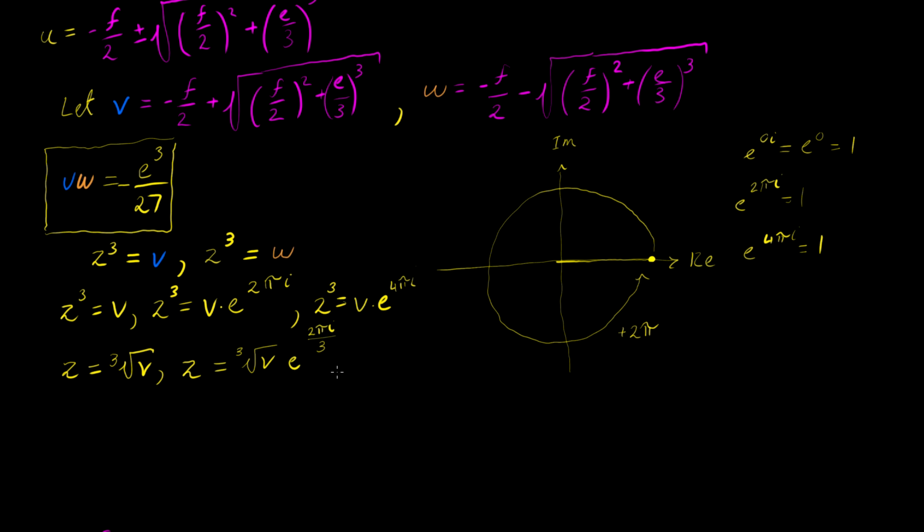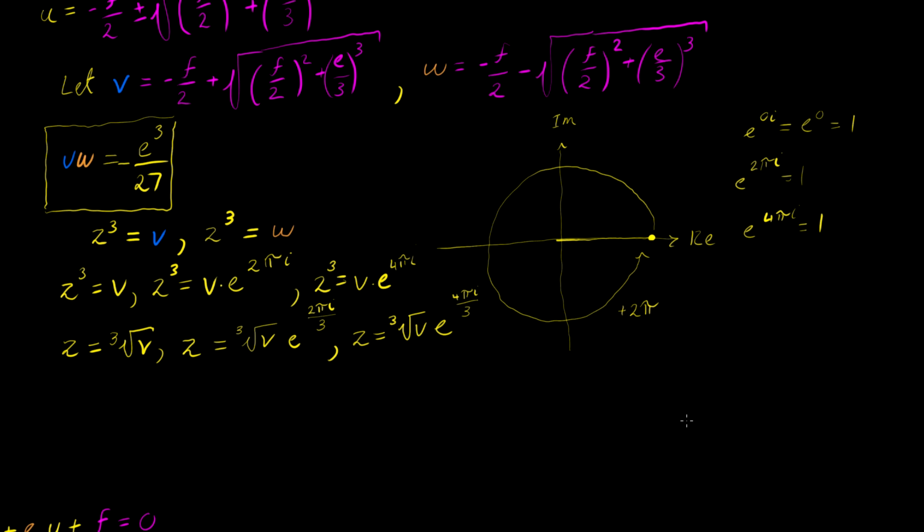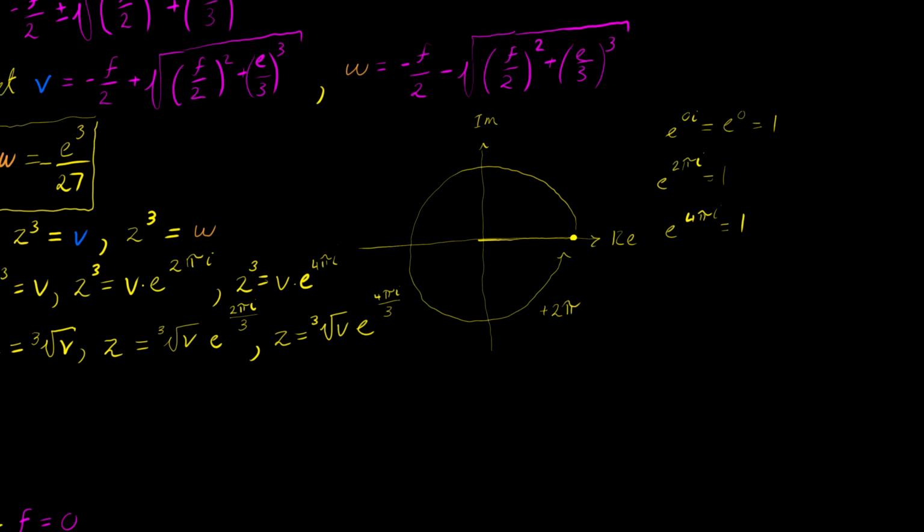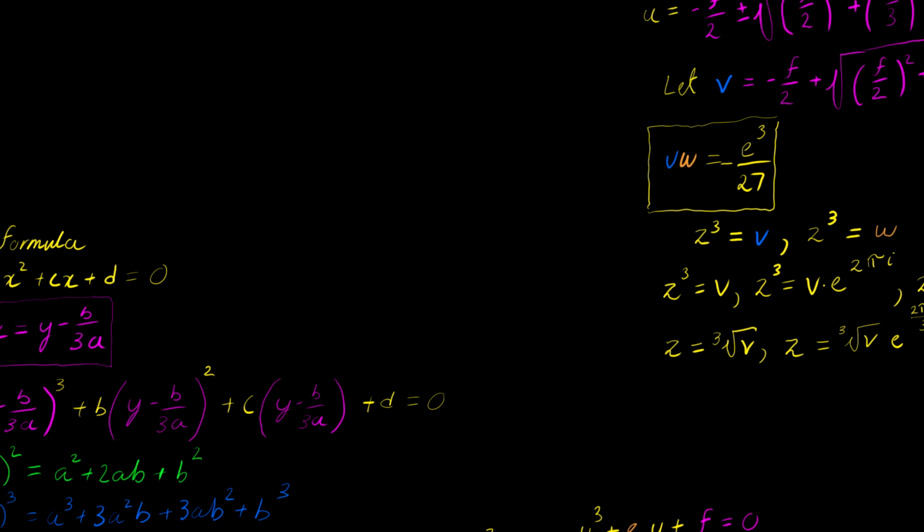And we've got z is also equal to the cube root of v times e to the 4 pi i, so it's just going to be the cube root of v times e to the 4 pi over 3i. We could continue on, but you'll just find that we get repeat solutions. For now, let us just work with what we have right here.